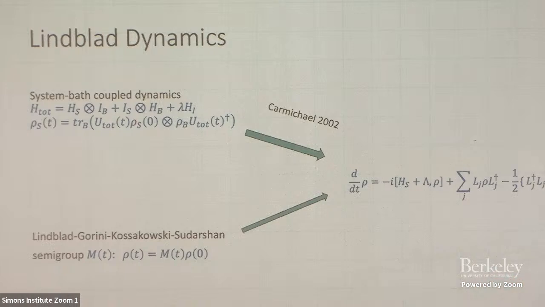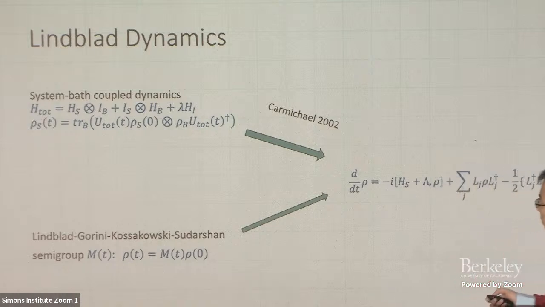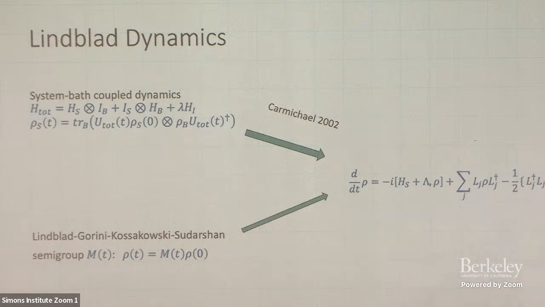And then if you make further assumptions on the coupling strength and the timescale separation, you can derive the Lindblad equation, right? And so there are some mathematical papers, but there are also some physics papers. We particularly like this book, which kind of explained this passage from the system bath model to the Lindblad equation. And there are also interesting examples that are given in the book.